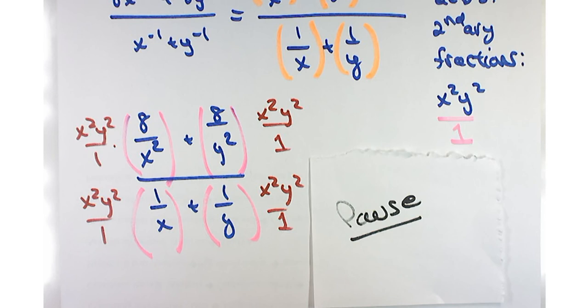One cancels out one X, Y squared. So there's X squared plus Y squared. No, it's X and then Y squared.